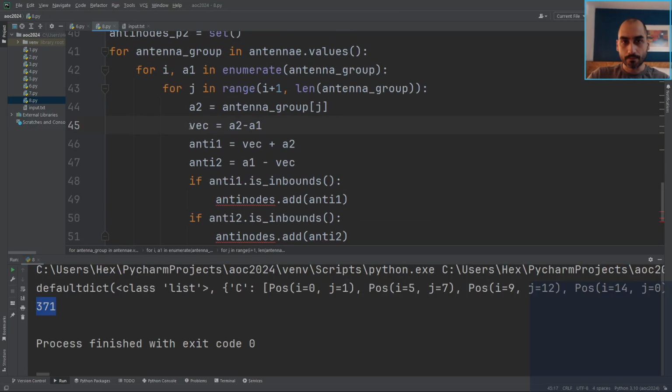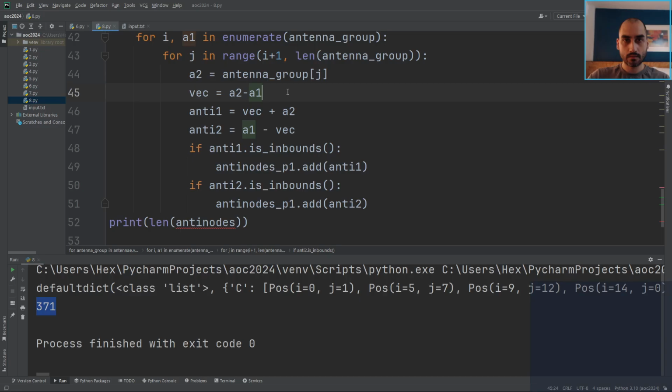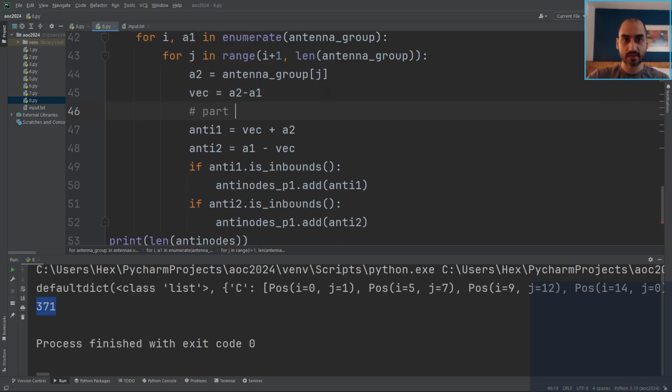Alright, so we get the vec, we do that, we can say P1. Alright, so just say that's part 1 stuff.